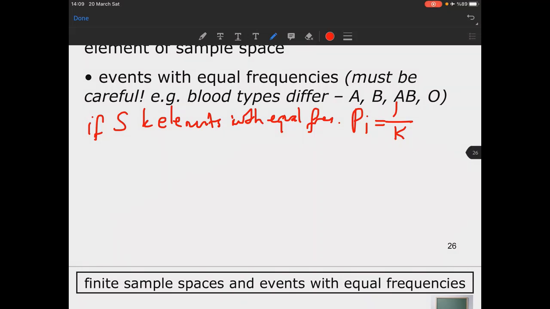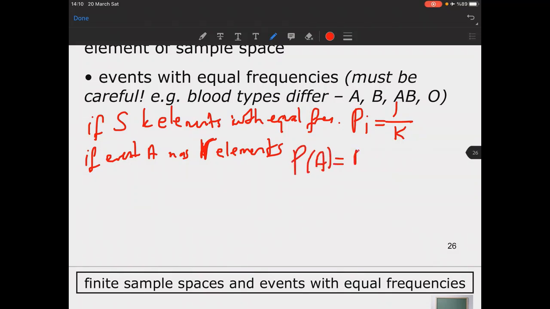And if your event A has r elements in it, this is small r, then the probability of that event will be r times 1 over k, for each of the elements, and it corresponds to r over k.